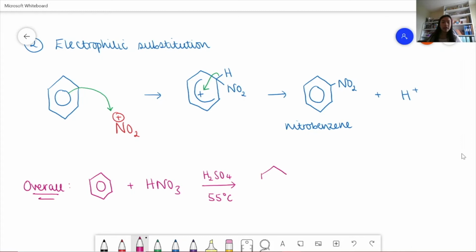And what we produce is this nitrobenzene and also water. Again, this is an electrophilic substitution reaction, as the attacking group is an electrophile, the NO2, and it's substituting a hydrogen, and so it's a substitution reaction. Nitration is quite important because it's the first step in the production of explosives, and it's also the first step in making amines, which are used to make industrial dyes.